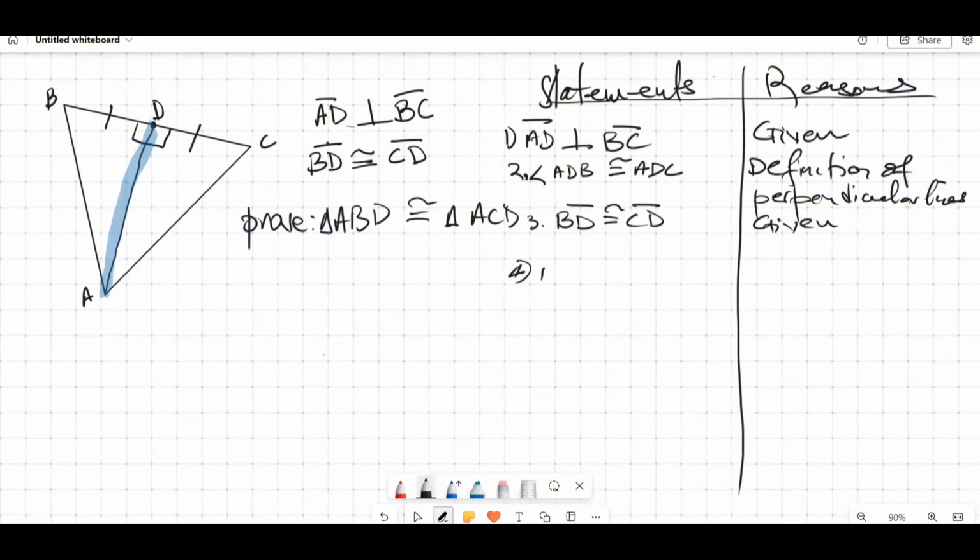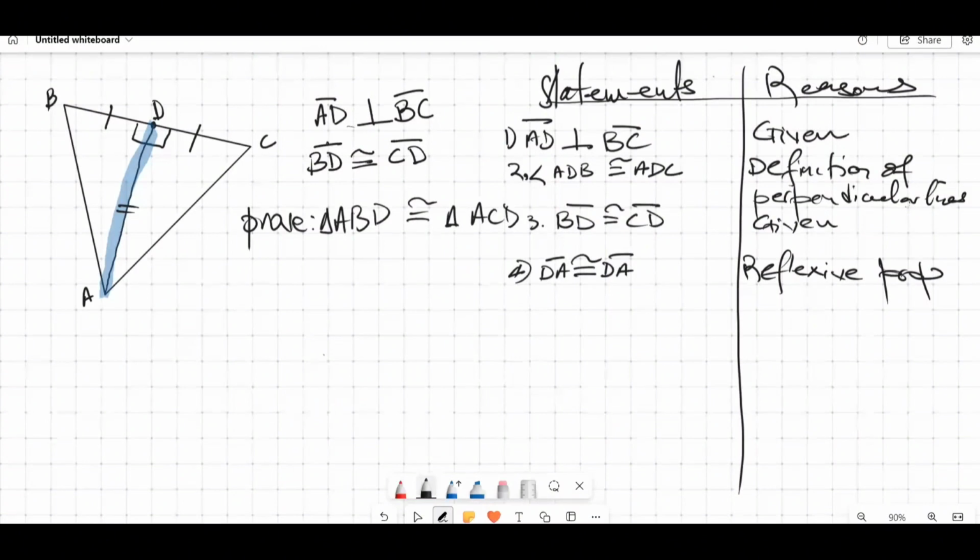Then I could say that DA is actually congruent to DA, which means that that's the reflexive property, right? So using the reflexive property, I could now see that I have another argument.